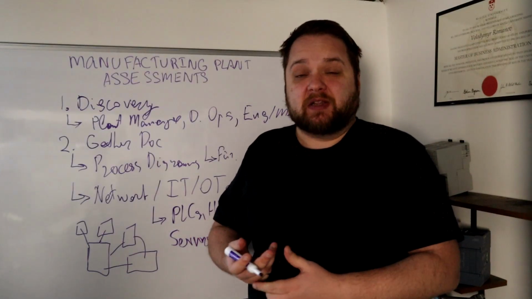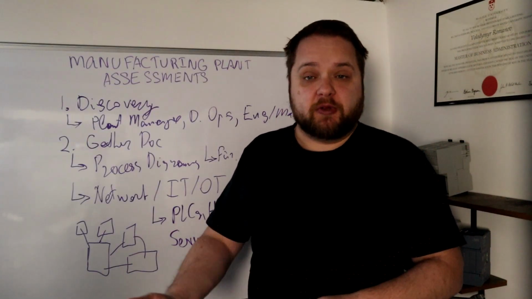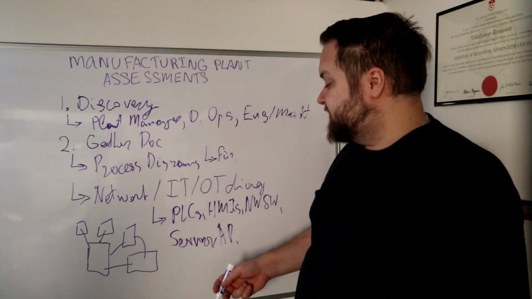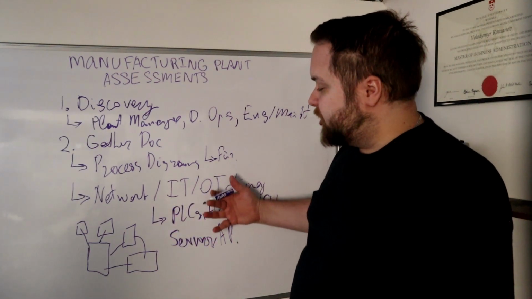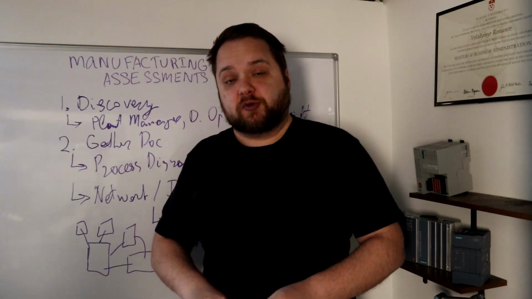It could simply be eliminating parts that are no longer sold by the distributor or the OEM. So there's going to be a lot of emphasis on just understanding the general layout of the facility when it comes to industrial automation.